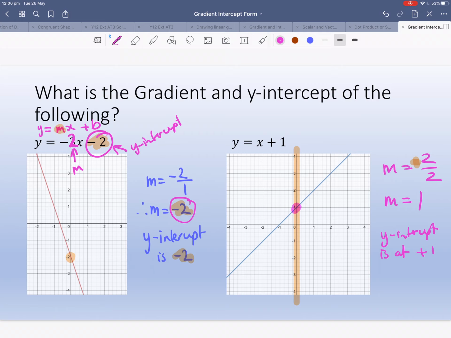Okay, so if we're writing things as y equals mx plus b, our m is 1, so that should be 1 there, and our b is +1, which is here. So that's correct. That one is absolutely correct. Because, you know, mathematicians are lazy, we don't normally write that one. But let's leave that there for this.